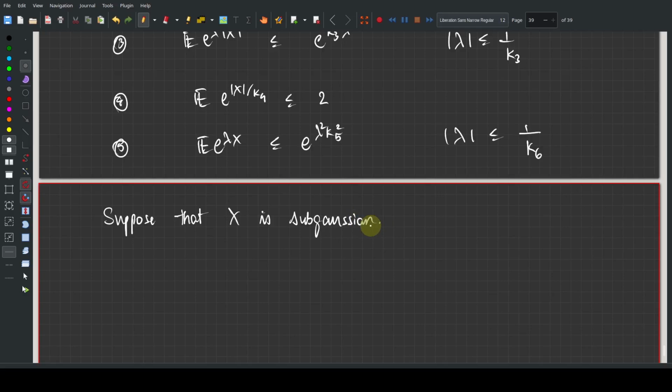If X is Gaussian, then what can I say about X squared? It's chi squared, and therefore it is sub-exponential. Right? It's not sub-Gaussian, but it's sub-exponential. But now if I take a general sub-Gaussian random variable X, can I say something about X squared? It's always going to be sub-exponential.